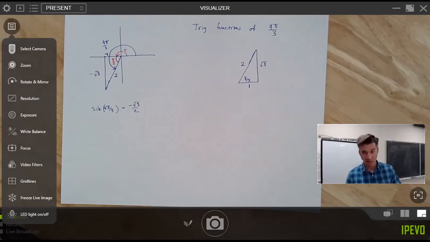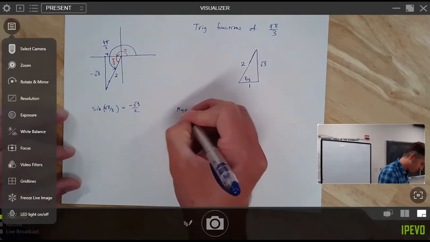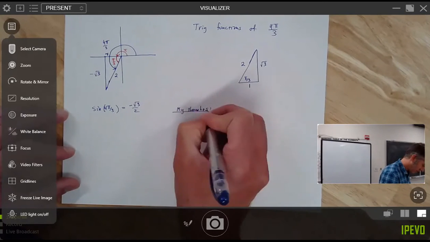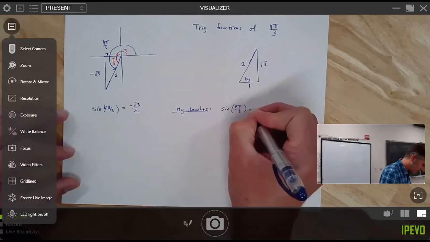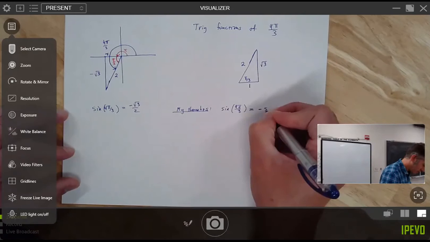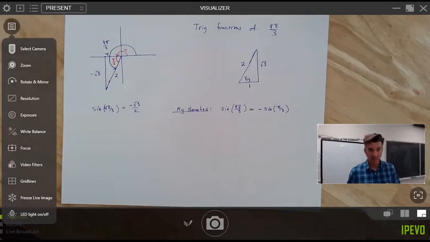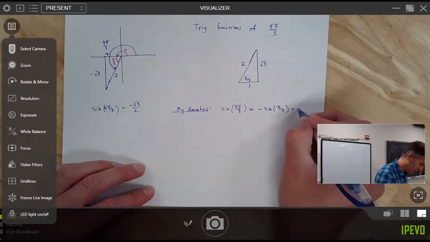What I'm actually thinking of is that sine of 4 pi over 3 is the negative of sine of pi over 3. I know sine of pi over 3 is root 3 over 2. I know sine of 4 pi over 3 is going to end up being negative. So it has to be negative root 3 over 2.